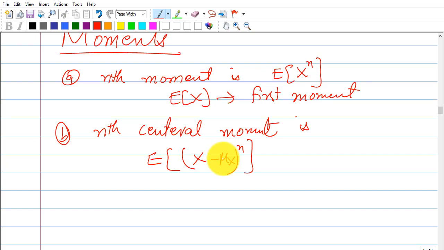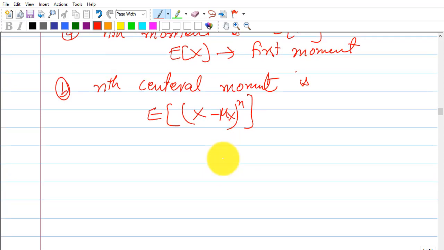Now let's look at an example of how we can find the variance of a random variable.